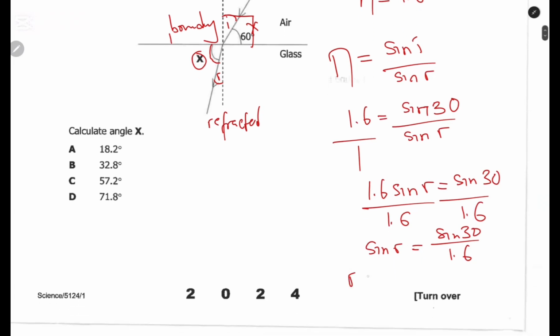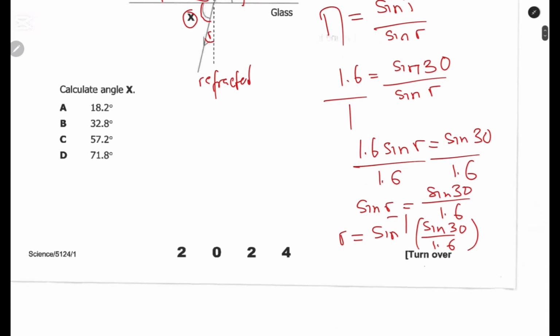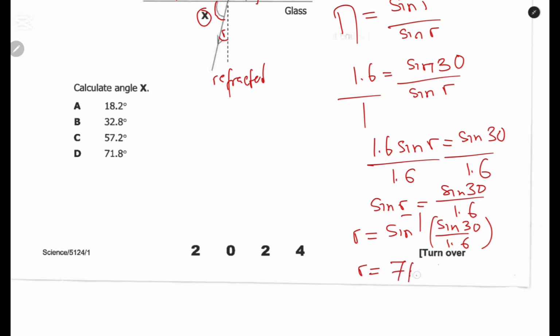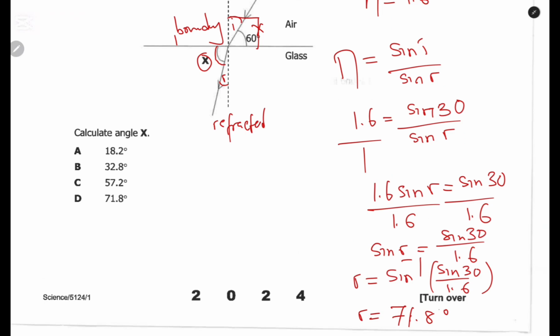So the angle of refraction is equal to sine inverse, you punch shift, of whatever you find when you divide sine 30 by 1.6. If you punch it on the calculator, the angle of refraction is 71.8 degrees. But what we are looking for is not the angle of refraction.